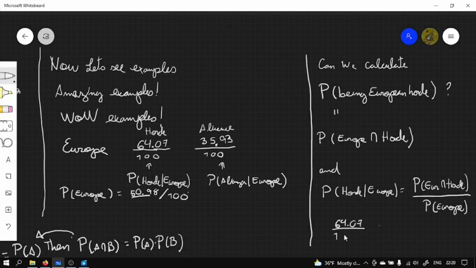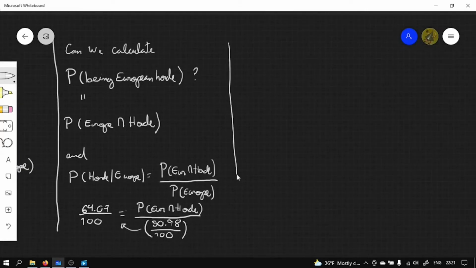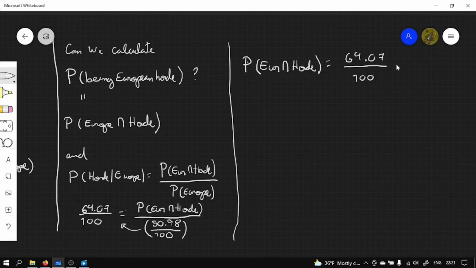By definition, the probability of being in the Horde given the fact that I'm in Europe is equal to this division, but we already know the probability of being in the Horde given that we are in Europe and the probability of being in Europe. So this probability of being a European Horde must be the multiplication of these two probabilities.